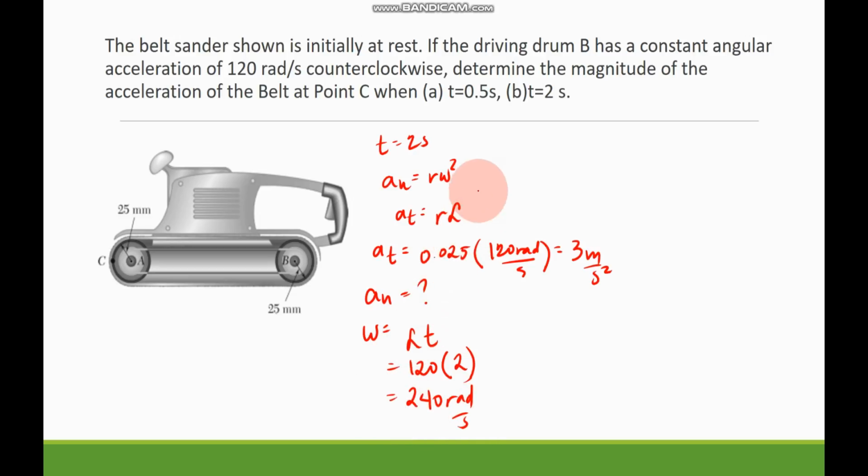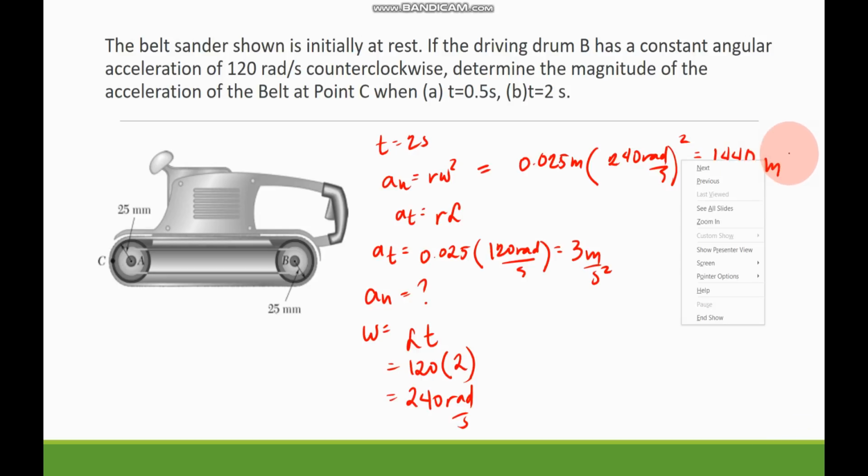So our an is now equal to 0.025 meters times the angular velocity of 240 rad per second, squared. So it is equal to 1440 meter per second squared.